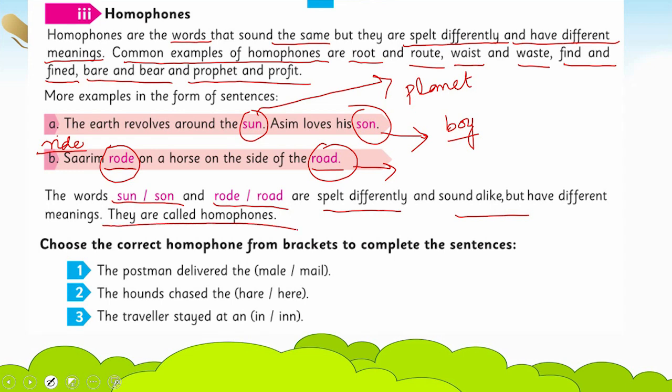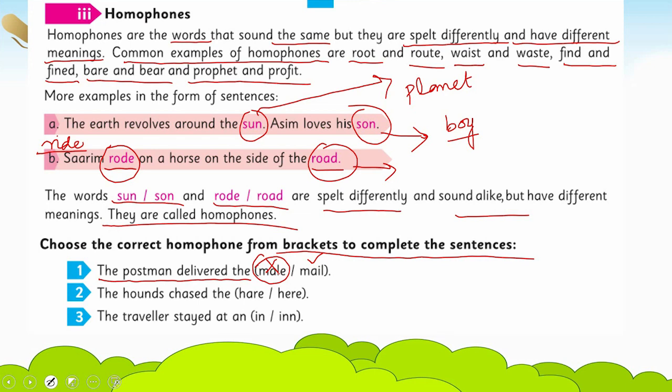Now choose the correct homophone from the brackets and complete the sentences. This is very easy. The postman delivered the what? Mail. So this one is right, because male, M-A-L-E, is wrong. The hounds chased the hare.